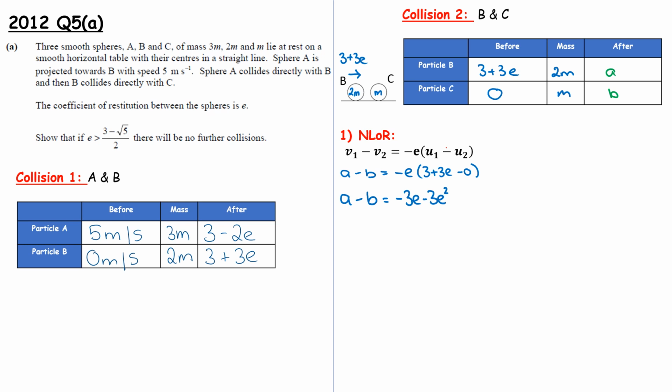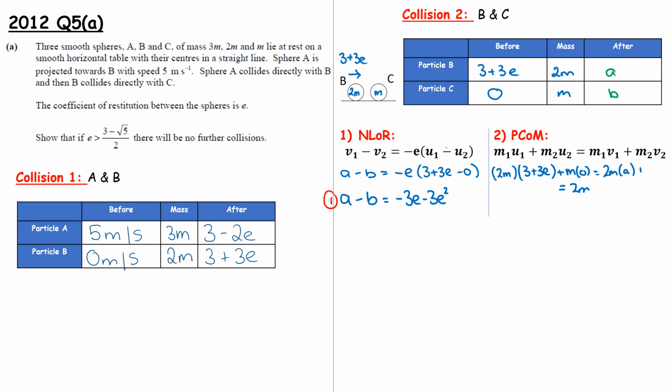And that is equation 1. We then have the principle of conservation of momentum. So we're going to have 2m times 3 plus 3e plus m times 0, and that should be equal to 2m times a plus m times b.